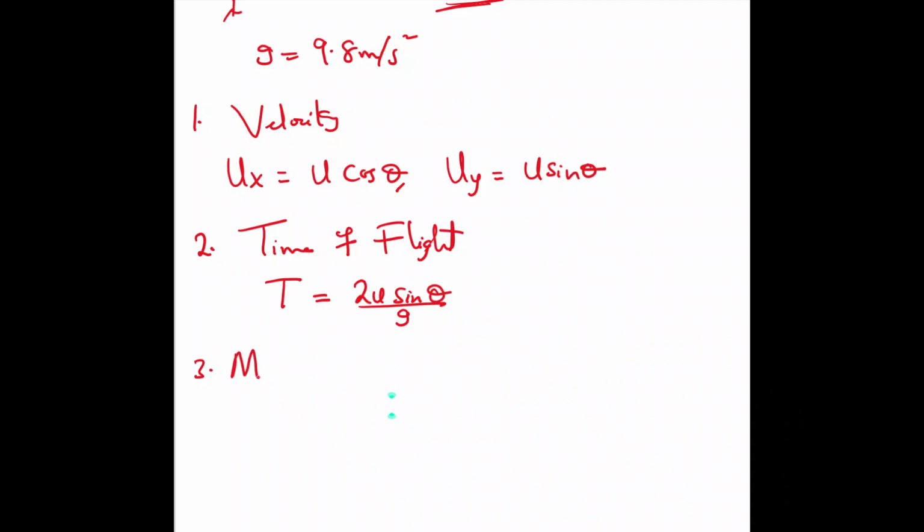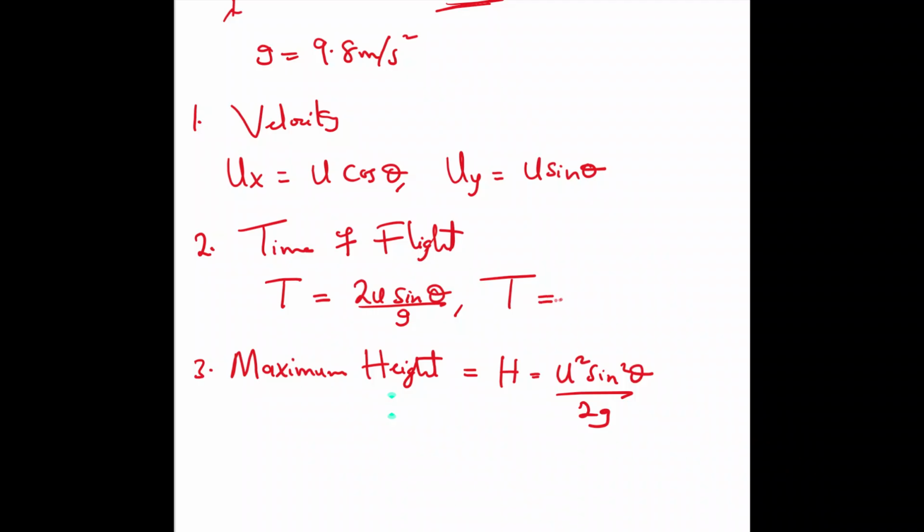Another formula you need to know is how to calculate the maximum height. The maximum height h equals u squared sine squared theta over 2g. Also, they can ask you for the total time taken.